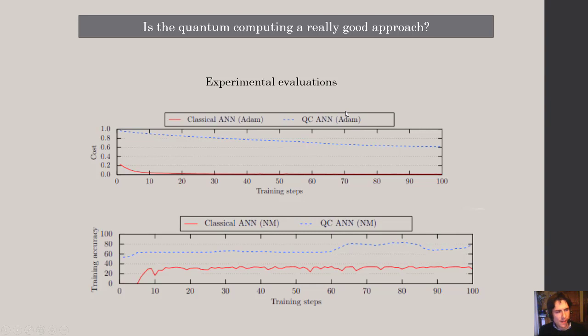Despite the first graph telling us that the training cost is bigger than on a classical computer, we can see on the second graph that the quantum computing approach for training an artificial neural network on a quantum computer is much better than an artificial neural network on a classical computer. Here we have a better accuracy.